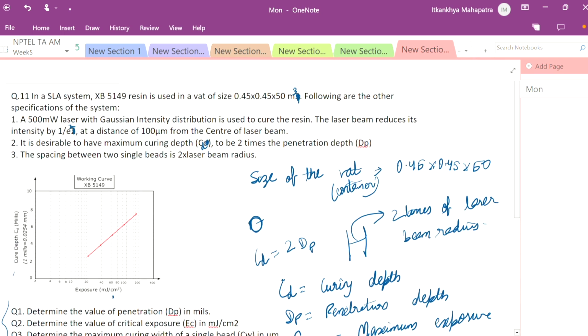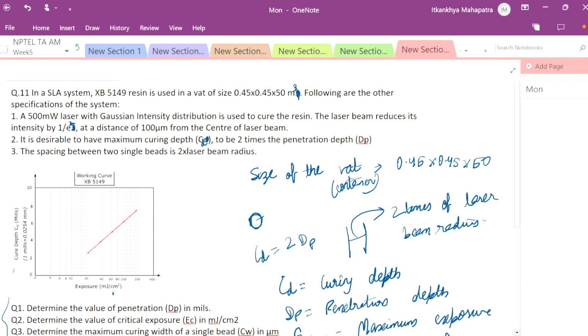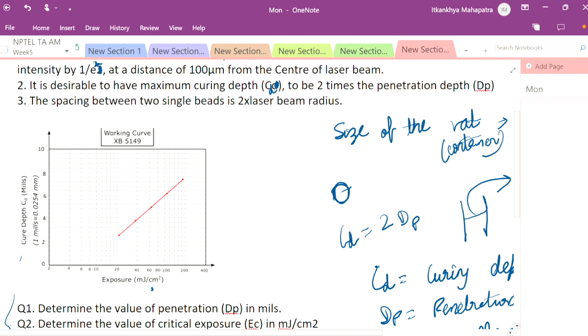Now the curing depth we have. From this graph, as you see, I'll take this point, the point at 40, and corresponding to this, if we find out the number of divisions between 2 and 4, we can count 2.4, 2.8, 3.2, 3.6.